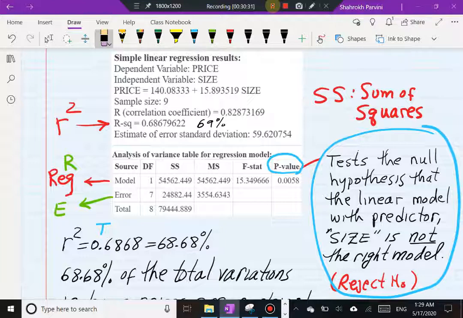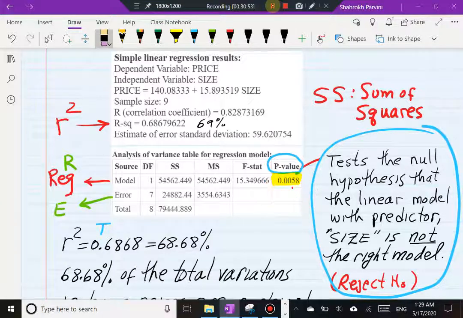What it tests depends on where it appears, in front of what statement. So in this case, what is this p-value? It seems to be rather small, so whatever it is testing, it looks like it's going to reject that null, because the p-value is so small.